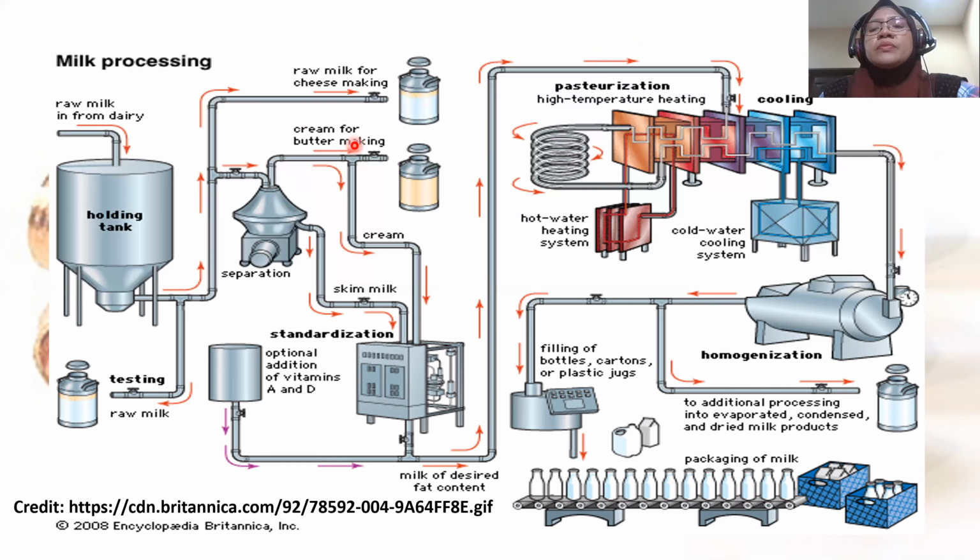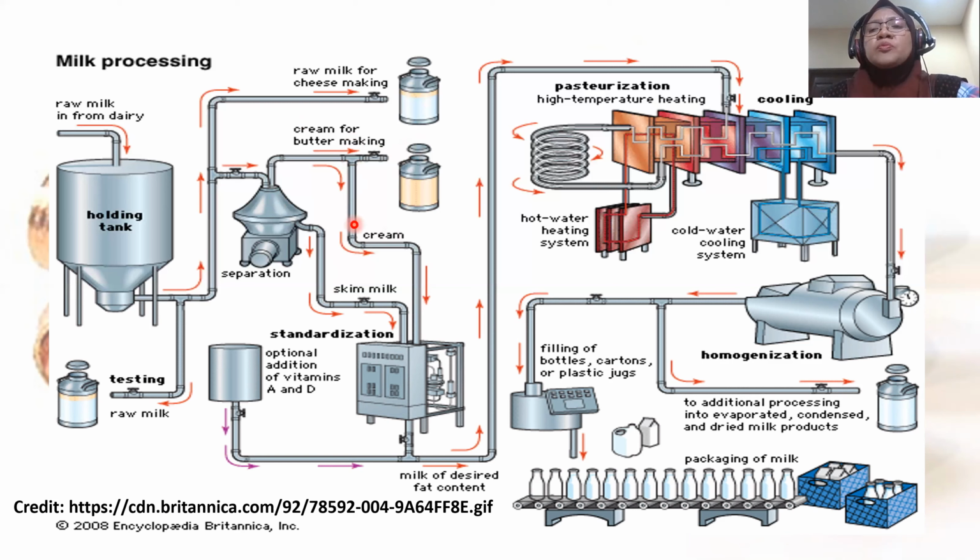And here the pipes direct the milk into another junction, which goes to another processing line to produce butter.